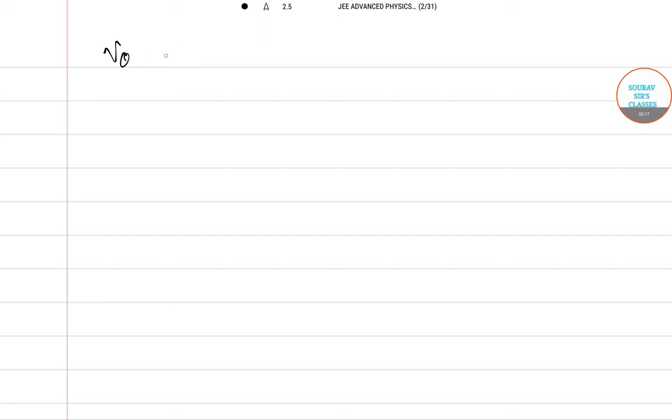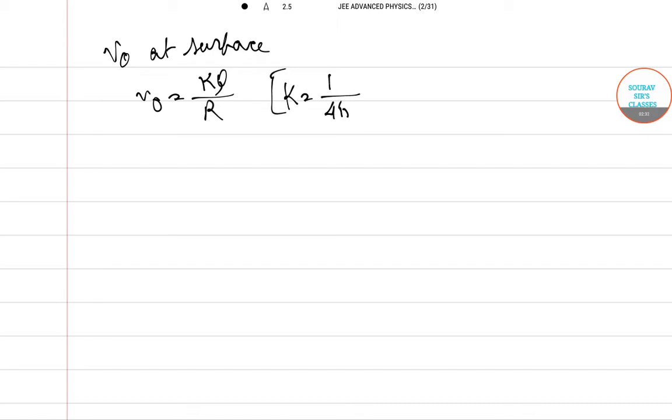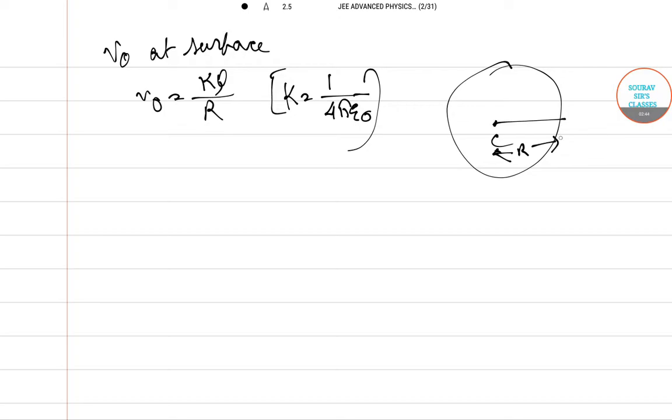So here the surface potential V0 at surface is equal to kq by r. This k is 1 by 4 pi epsilon 0. The cell is this. This is C. The radius of this cell is r.